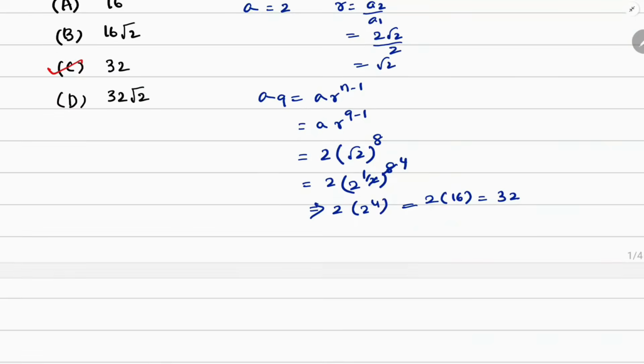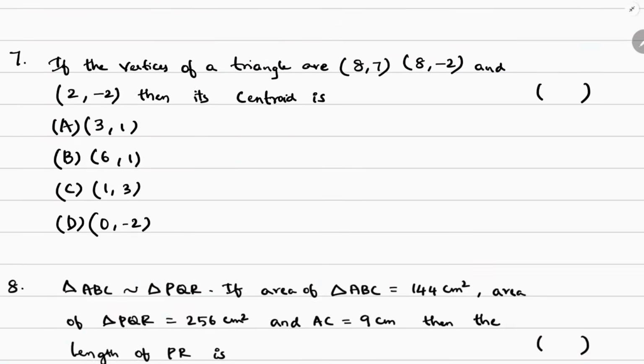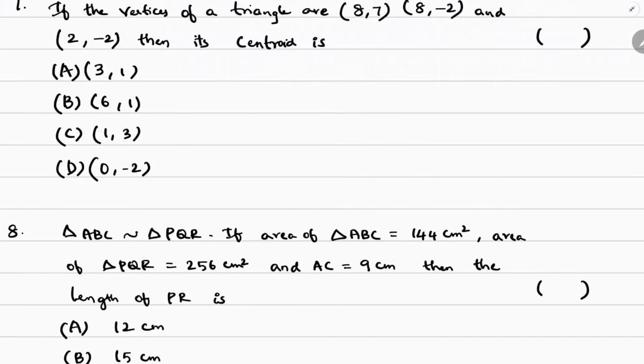Next, 7th question. If the vertices of a triangle are 8 comma 7, 8 comma minus 2 and 2 comma minus 2, we need to find the centroid. The centroid formula is x1 plus x2 plus x3 by 3, y1 plus y2 plus y3 by 3.